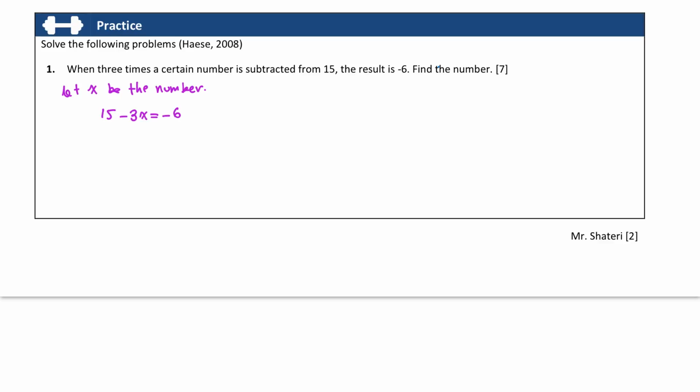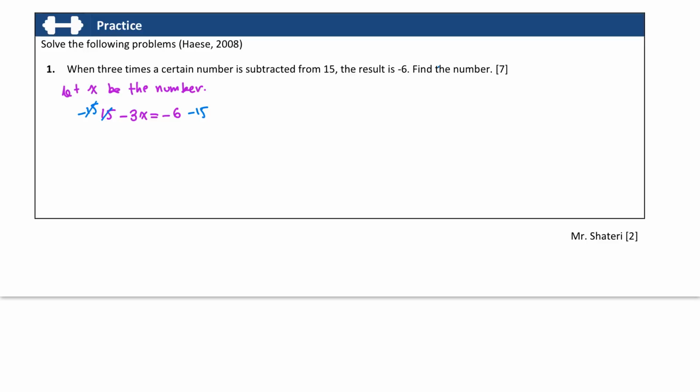So once I have this, I can start rearranging. So I have -3x and 15 as my terms on the left side of the equation. I just want the -3x term to be alone on one side, so I will subtract the 15 from both sides.